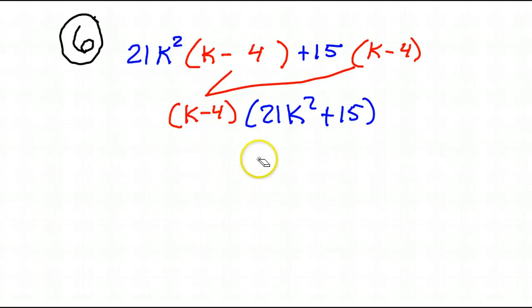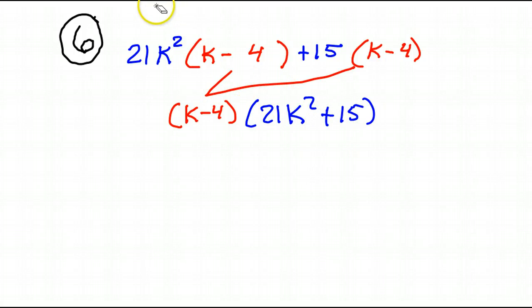But I should have known, guys, that this is not the final answer. Because right here, I told you guys that if something is completely factored, there's no way it's going to have a common factor inside the parentheses. What are these both divisible by? Yeah, they're both divisible by 3. So what you need to do is factor out that common factor of 3.